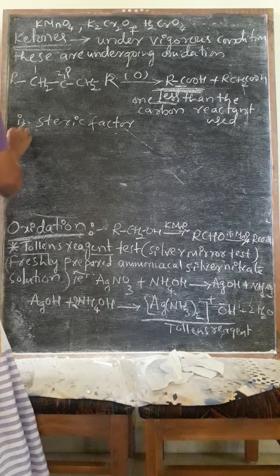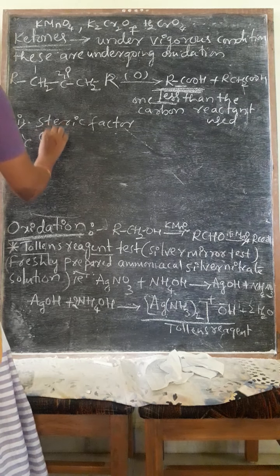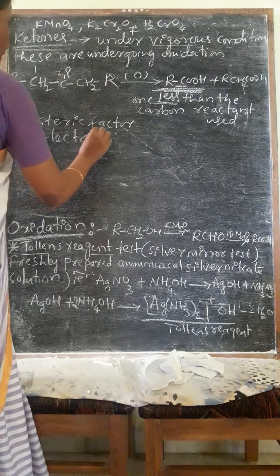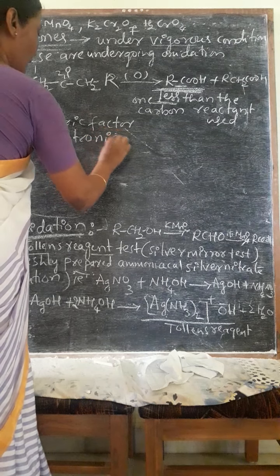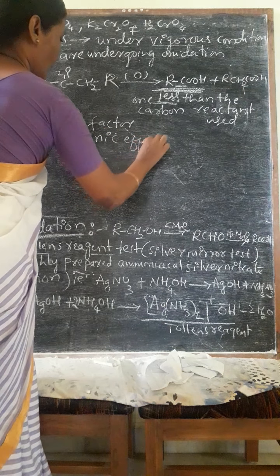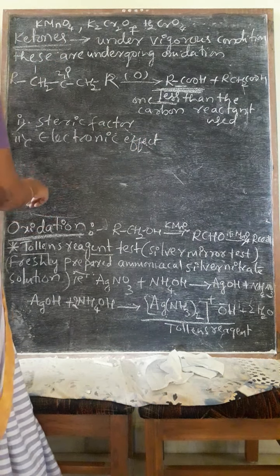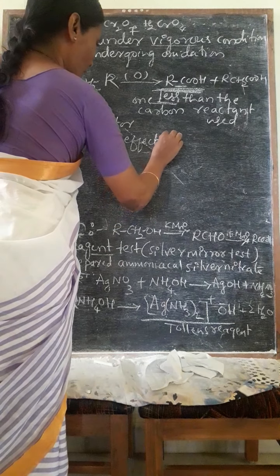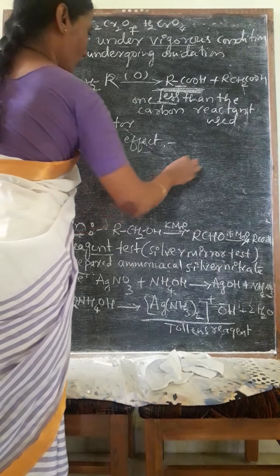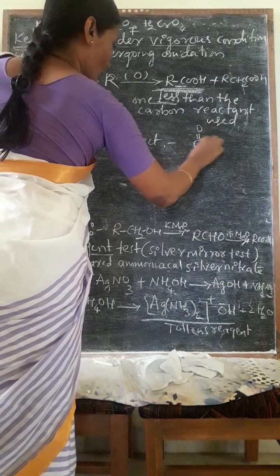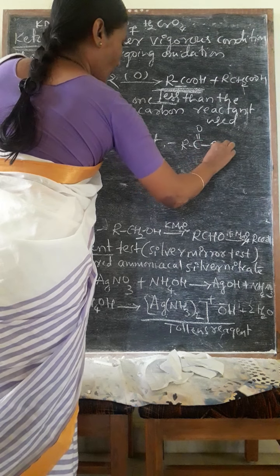And one more effect is the electronic effect. Aldehydes are more reactive than ketones because of the electronic effect. Again, I will take the ketones. They have bulky groups.